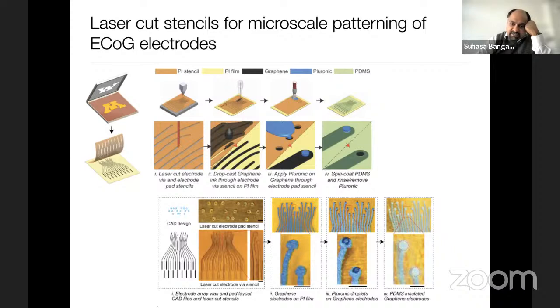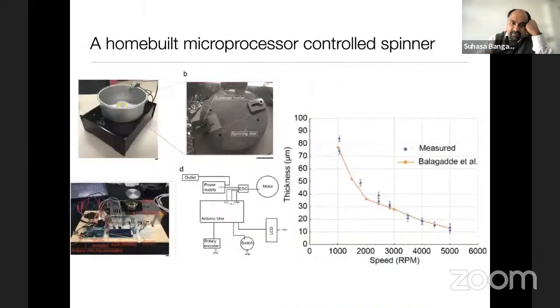And then we spin coat it using a home-built, microprocessor-controlled spinner to pattern a really thin layer of an insulating polymer called PDMS. And we wash this gently in hot water, and Pluronic melts at a slightly higher heat than room temperature to expose the electrodes.